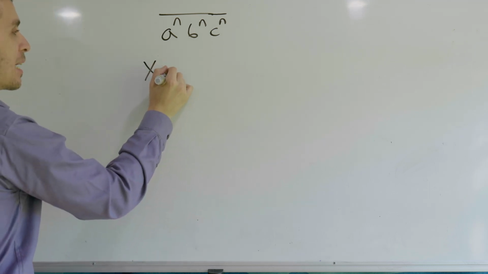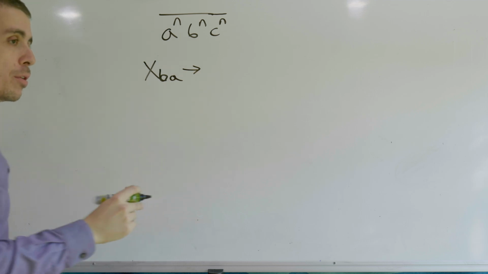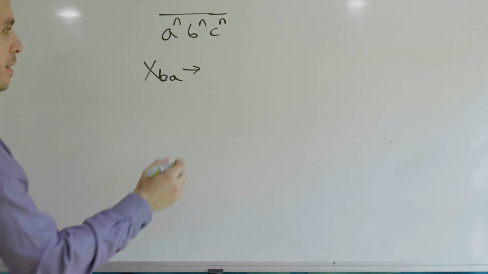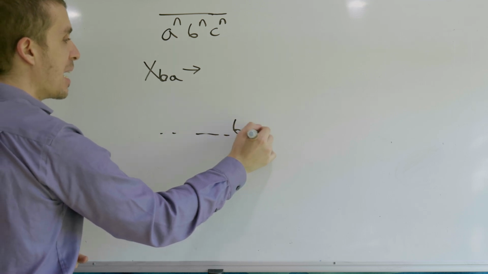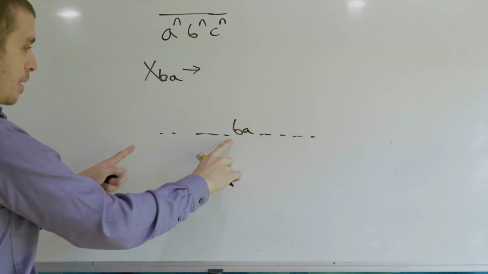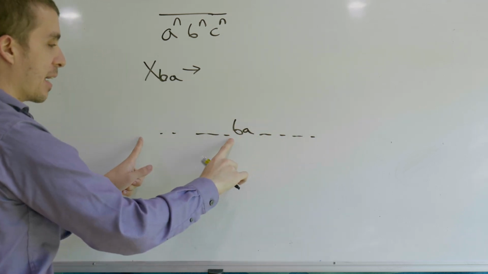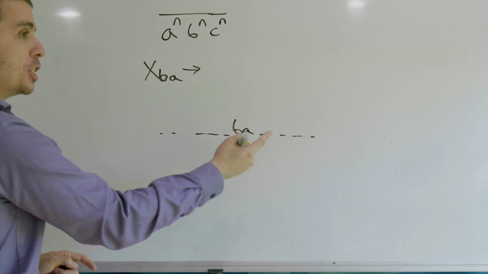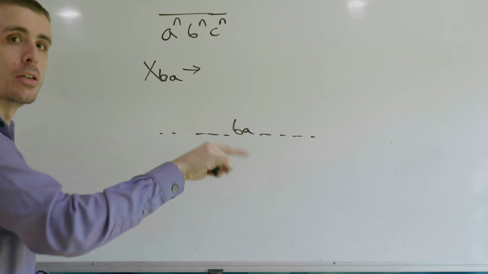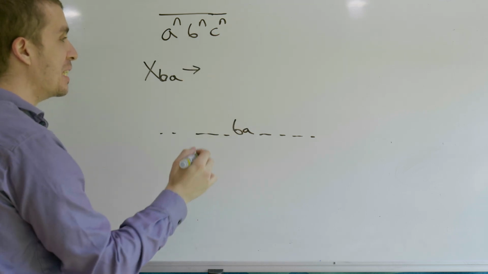I'm going to have a variable X sub BA handle that there is a BA somewhere in there. Whatever the string looks like, wherever the BA is, anything, literally anything, can appear on either side of this BA. So let's allow ourselves to spit off as many A's and B's on either side as we want, and in fact, C's here too.